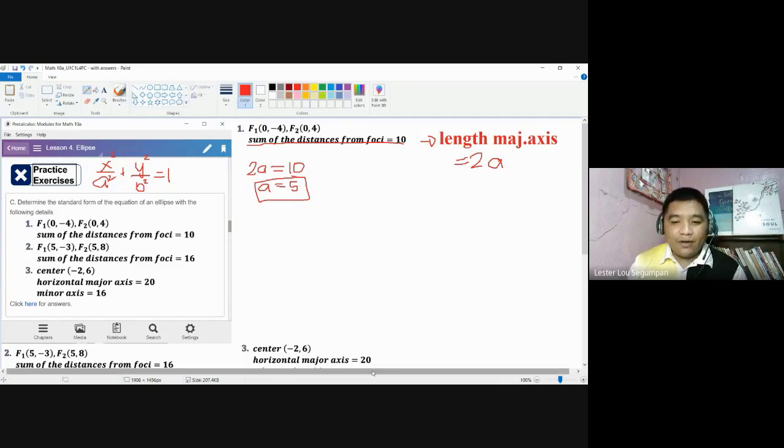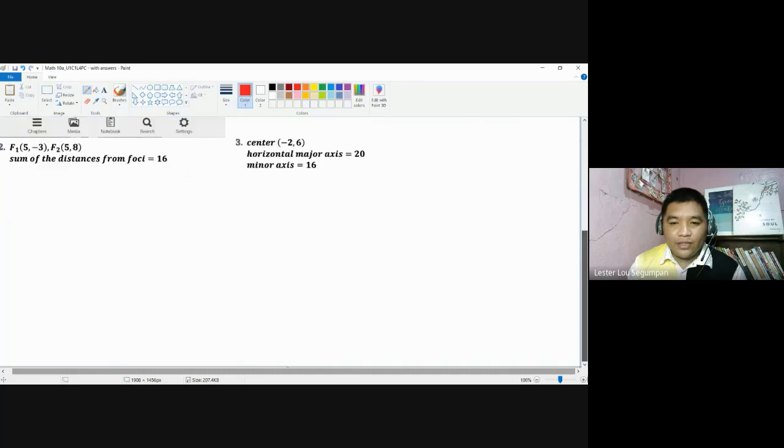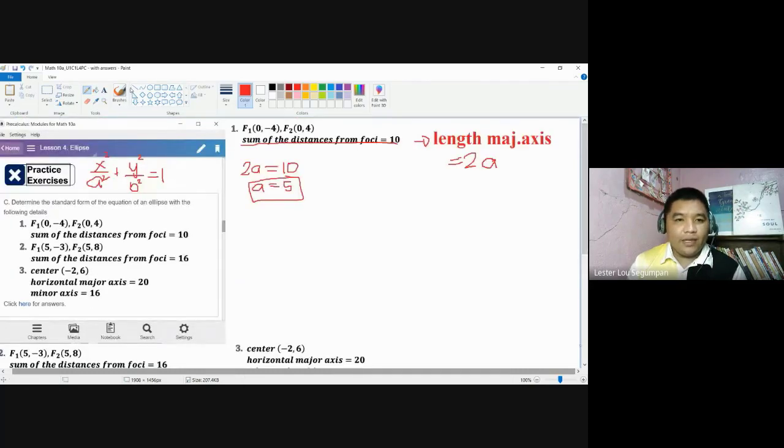Let's use a Cartesian plane, with the foci at (0, -4) and (0, 4).